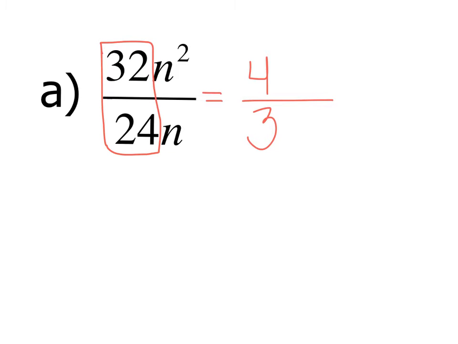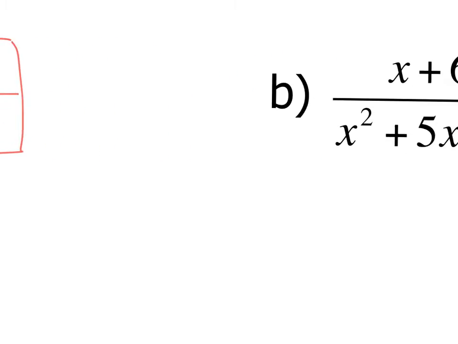And then the n's will cancel. There's one n on the bottom. This one n is going to cancel with one of the n's on top, making it just n to the first on top, or just n. And that's simplifying rational expressions. That's obviously as easy as it gets, but that's that.